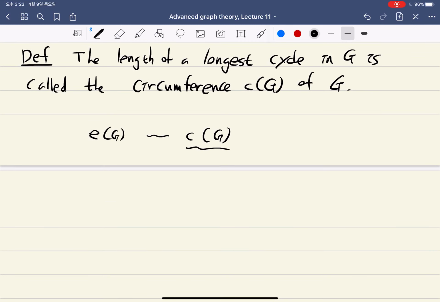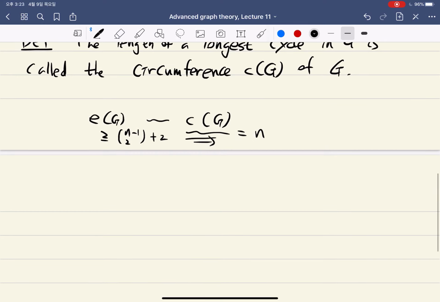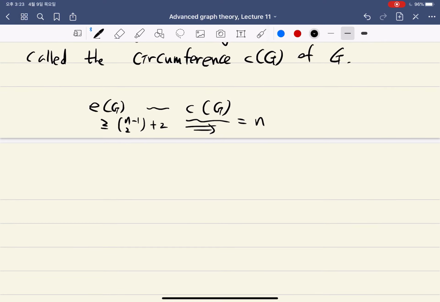For example, we can actually show that n minus 1 choose 2 plus 2 edges implies circumference n. So more generally, what's the threshold? What's the number of edges that ensures the circumference is at least s, or bigger than s?